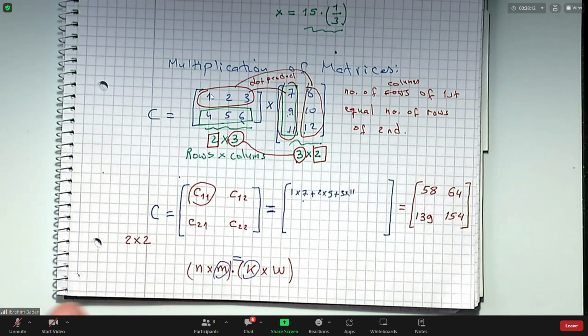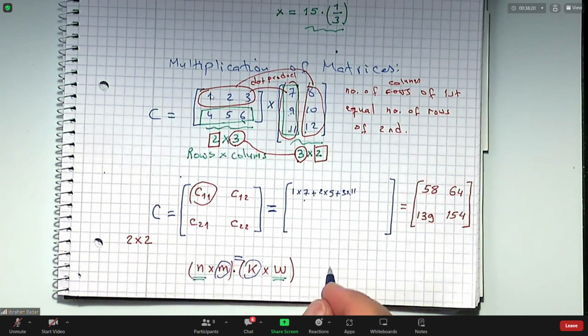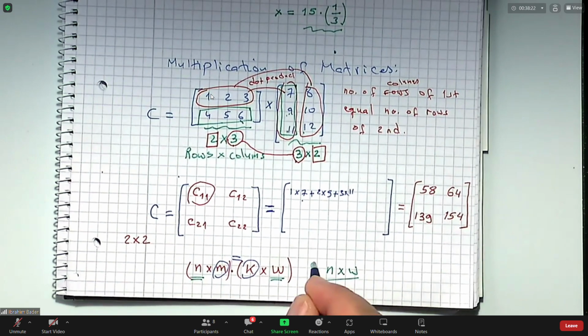Now the outcome here is going to be an n times w matrix.